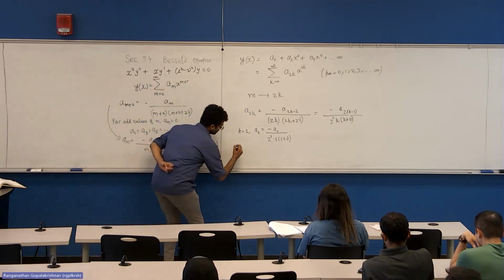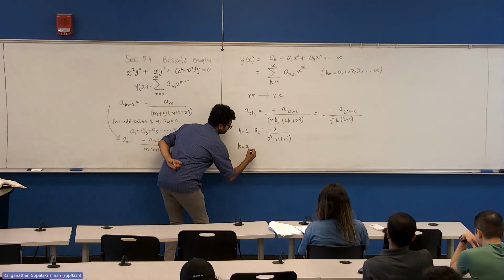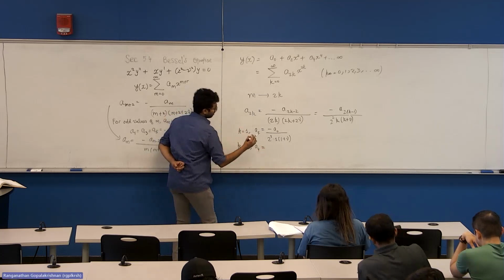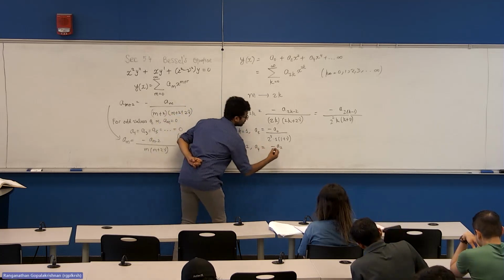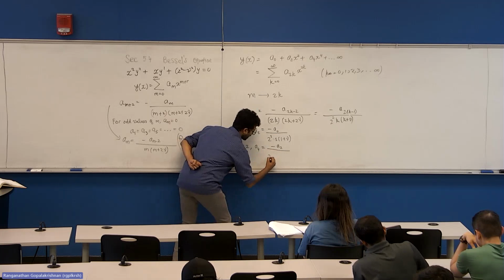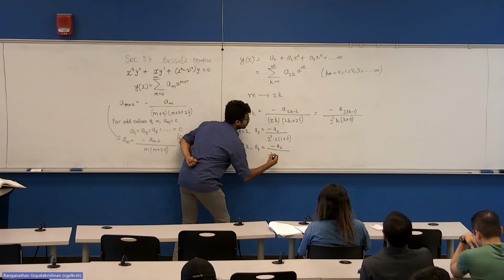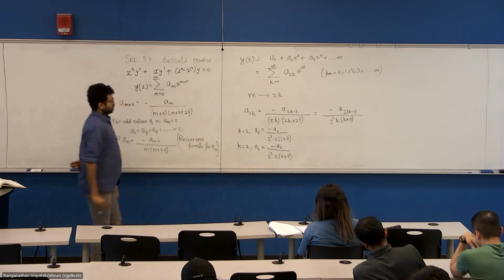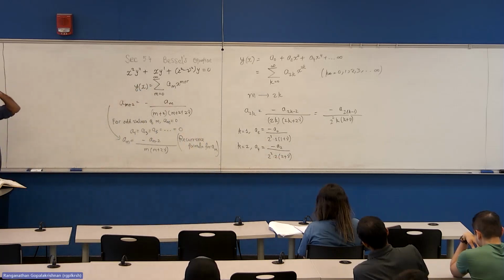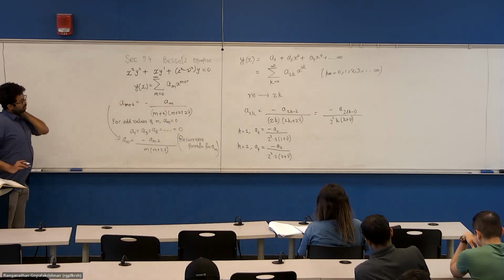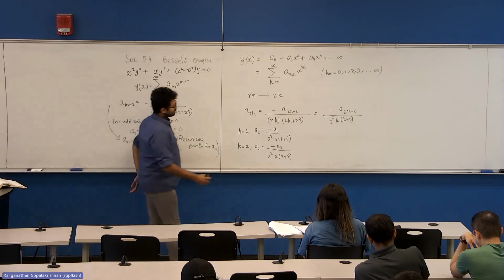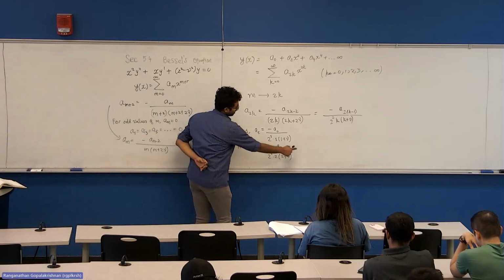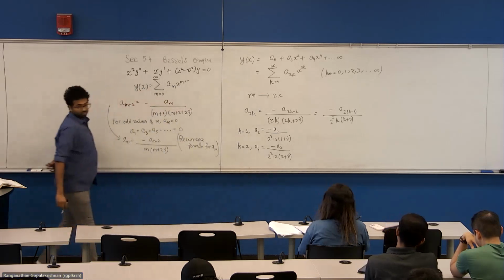And you can also do, let's say k equals 2, a_4 equals minus a_2 divided by 2 squared times 2 times (2 plus nu). Easy enough. Now what you do is replace a_2 in terms of the previous relation and get it in terms of a_0.